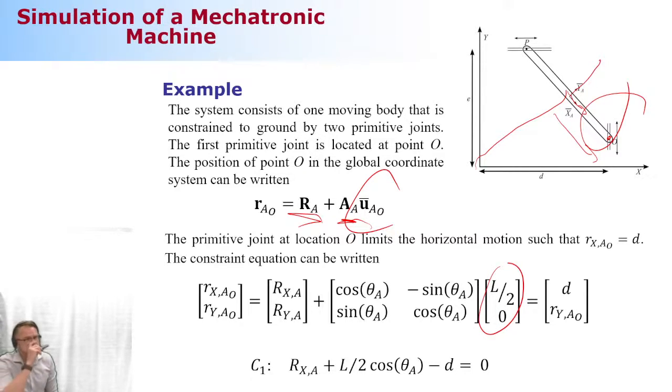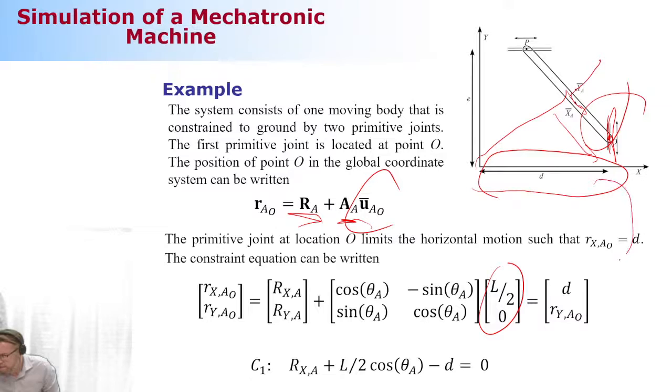Now comes the only difficult thing, because it says this point needs to be at a distance d with respect to the origin of the reference coordinate system. Where should I put the d? I should put the d such that the motion in the x direction is d, meaning it is a constant value d.